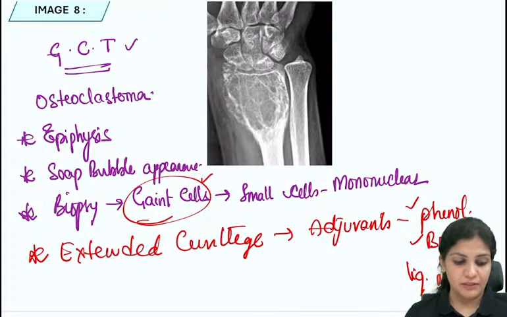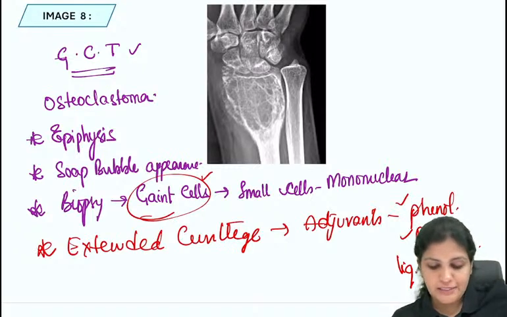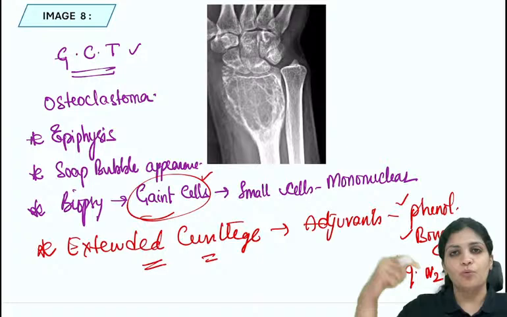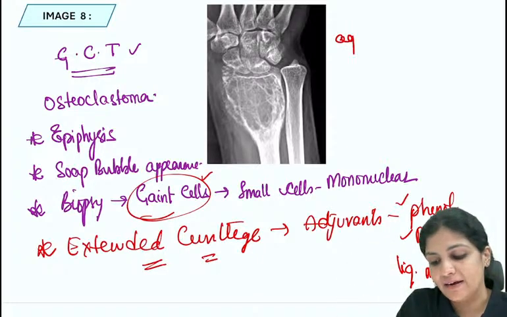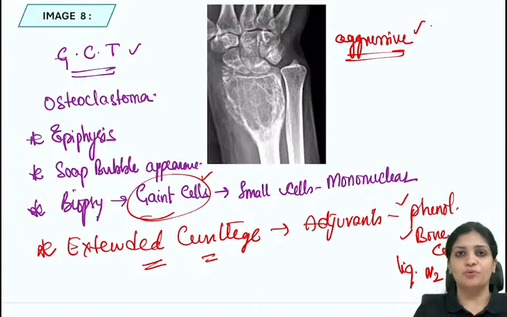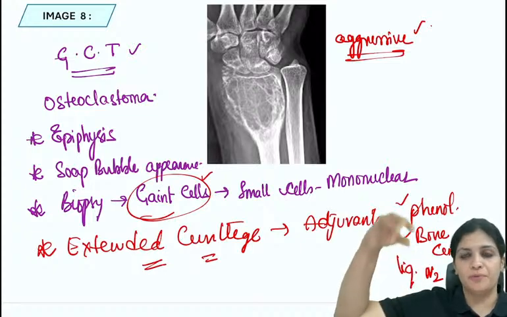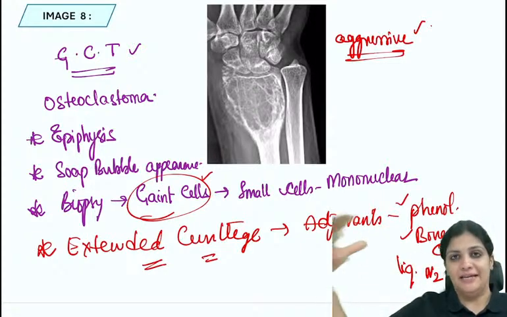So this is about the extended curettage, right? Extended curettage is nothing but you scrape out all the tumor particles. So this is somewhat aggressive, right? You scrape out everything, and after scraping out, you put phenol, or you put the bone cement, or you put the liquid nitrogen, so that all the tumor elements die, right?